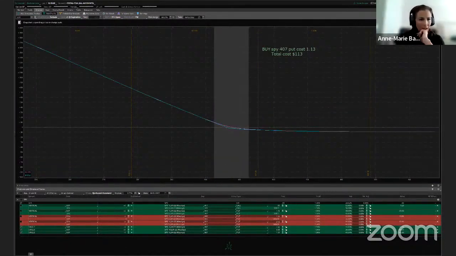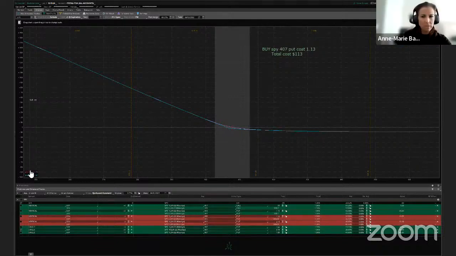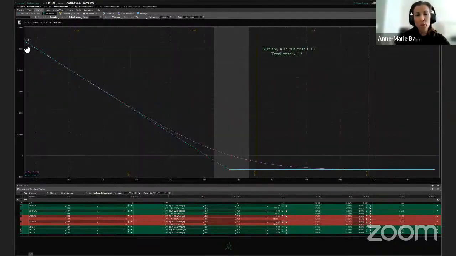Let's see what it does. Okay, so here's the put, right? And this put, notice, do you see the price compression of this motion? Anytime you see this going upward, the risk line, it's going to show you where you're making money, right?